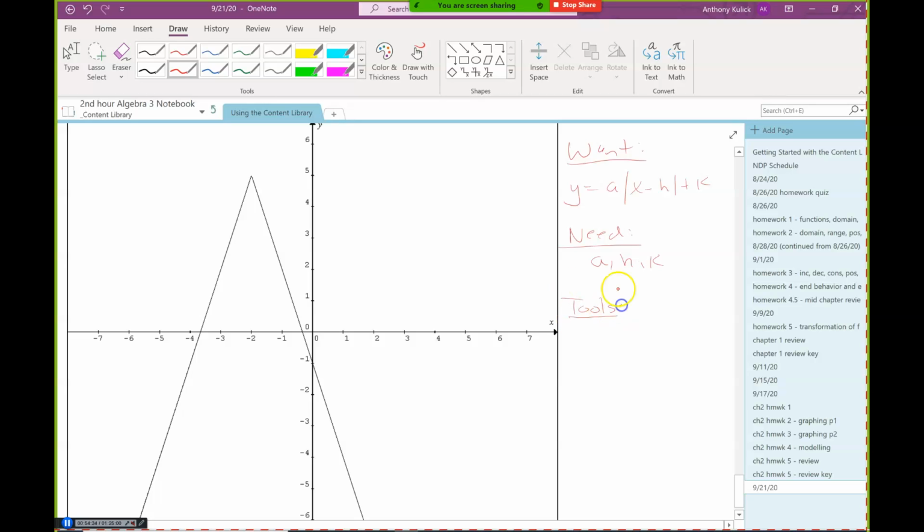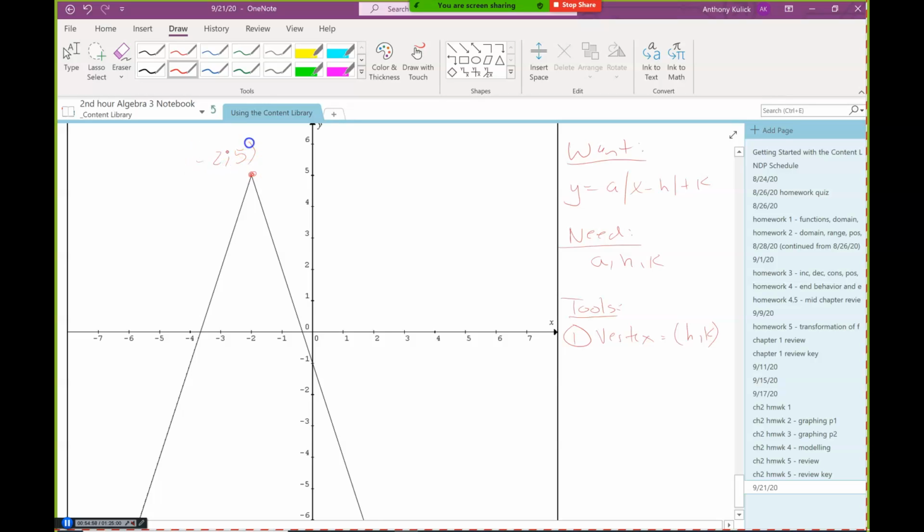To do that, we're going to need two things. The first tool that we're going to use is that the vertex is equal to (h, k). So if I go to my graph, I can identify my vertex, which is this point right here.